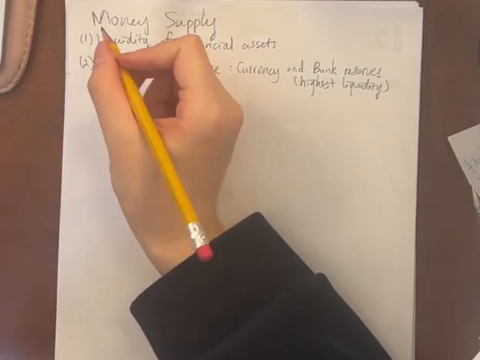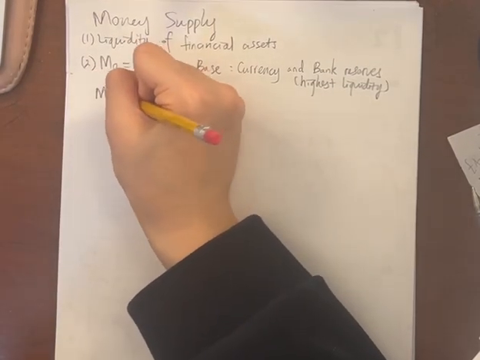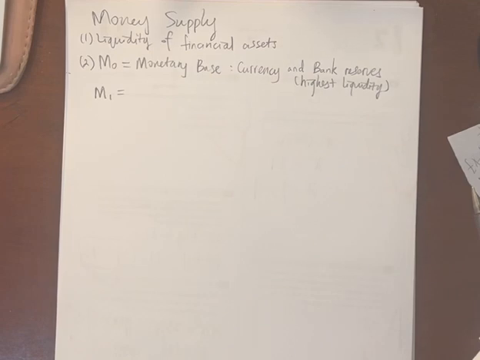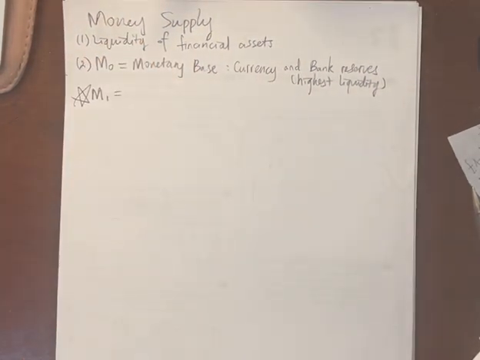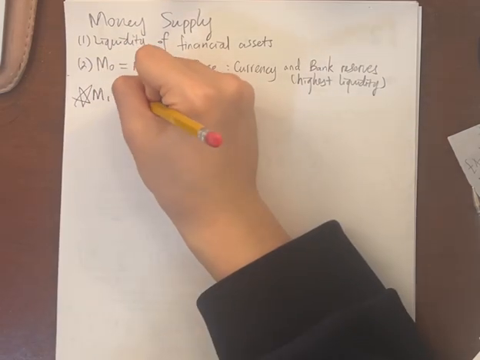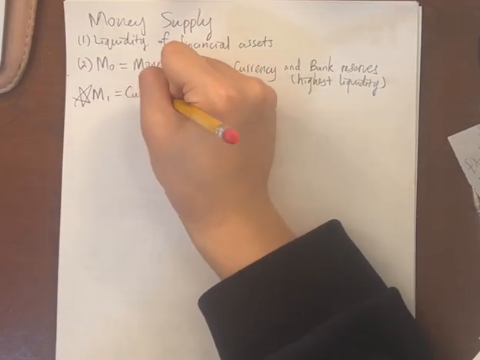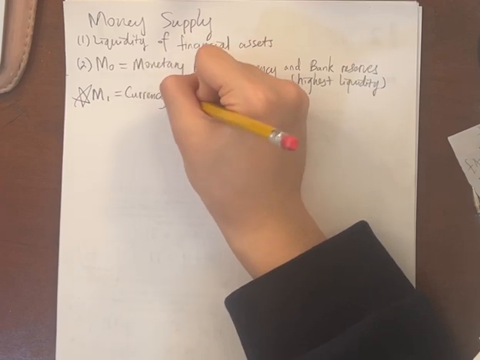Okay, the second thing is M1. This one is really important, so pay close attention, because in macroeconomics, almost every type of graph we draw is looking at money as M1. M1 means the currency in circulation.